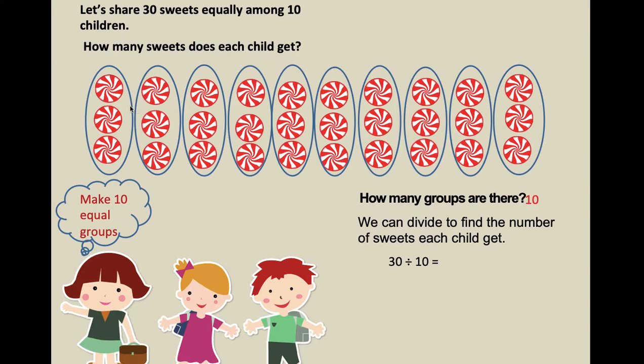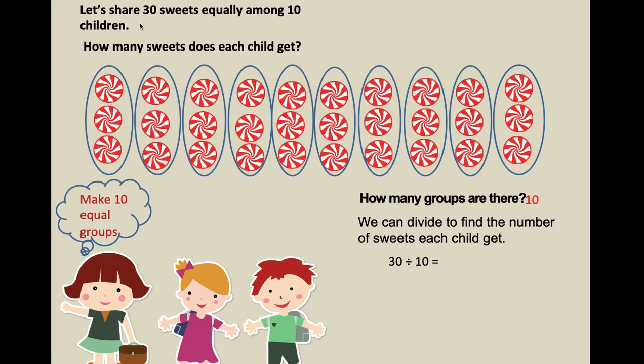Well done. So when we divided the 30 chocolates among 10 children, each child is getting 3. Anywhere you look, it's going to be 3, 3, 3. So each child will get 3 chocolates.